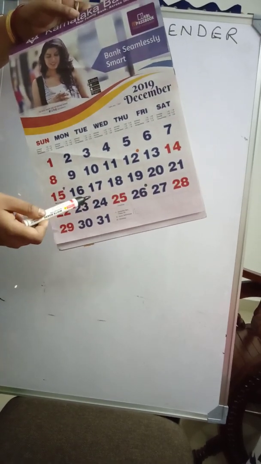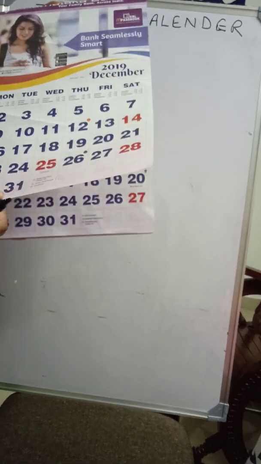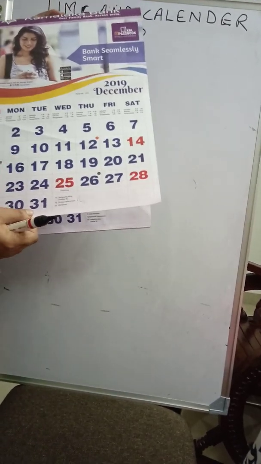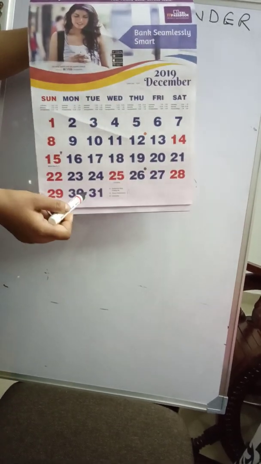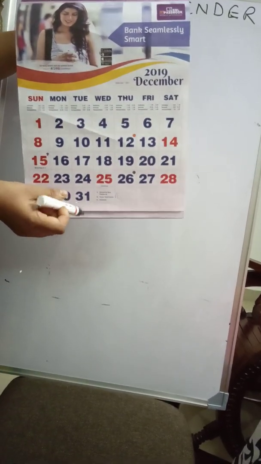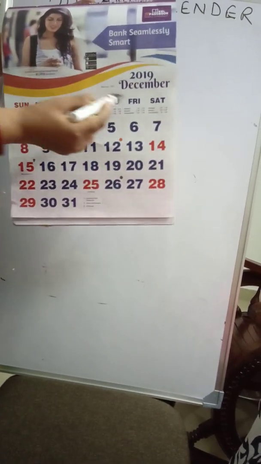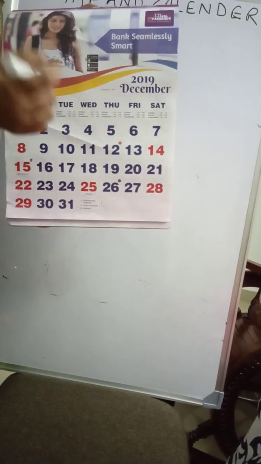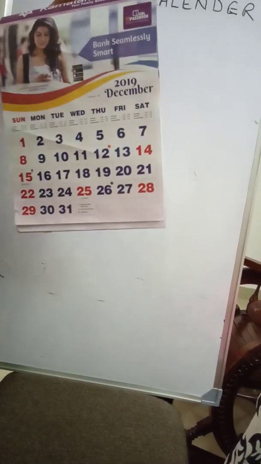Each month has a certain number of days. For example, this is the calendar of December 2019. How many days are there in December? 31 days. Similarly, there are 12 months in a year, and 7 days in a week.